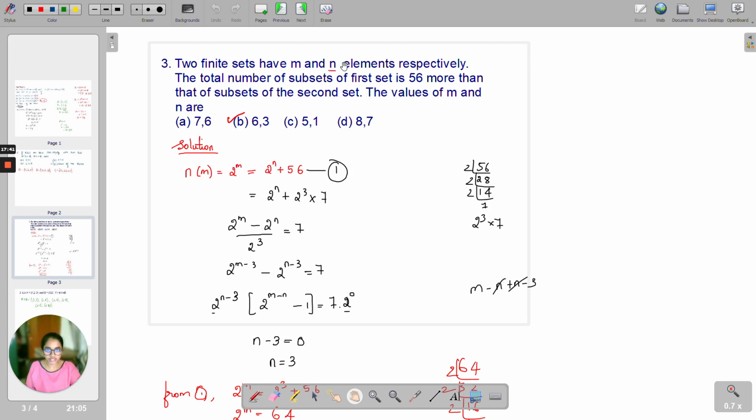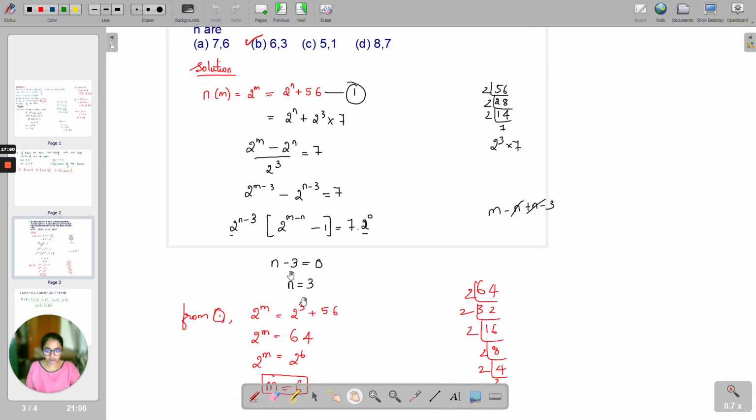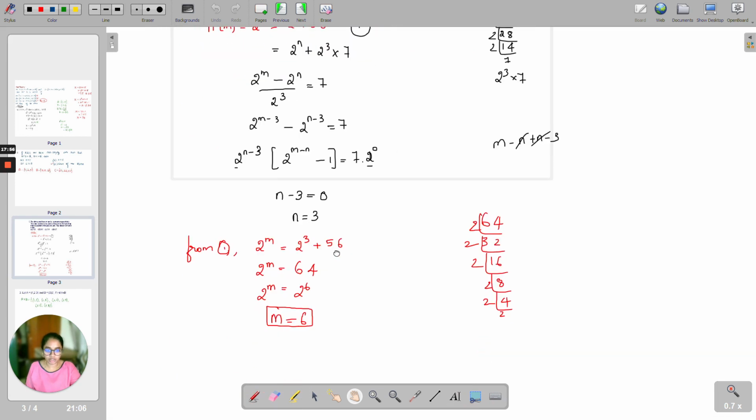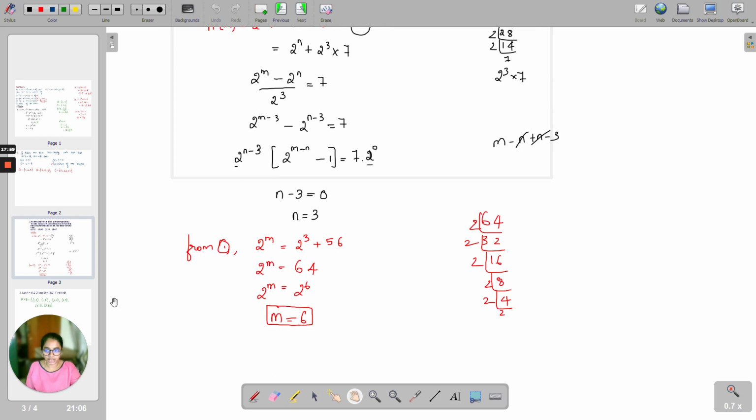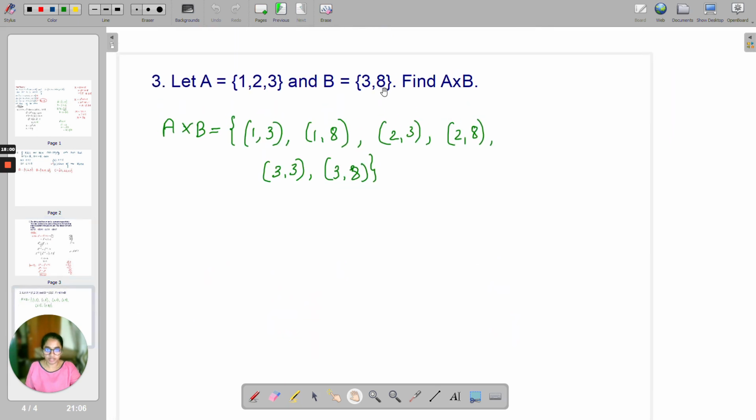Which is the second set? N, right? So we got 2 power n plus 56. Yes. So after simplification, we found that n is equal to 3. So substituting this n is equal to 3 in the first equation, we got the value of m. And in the final problem, we found the Cartesian product.